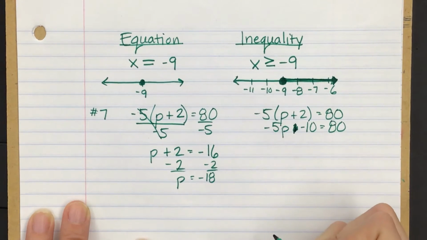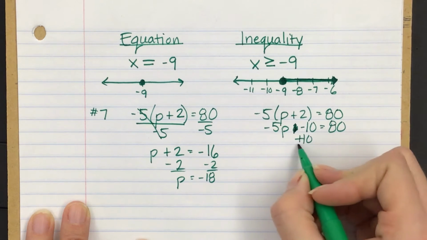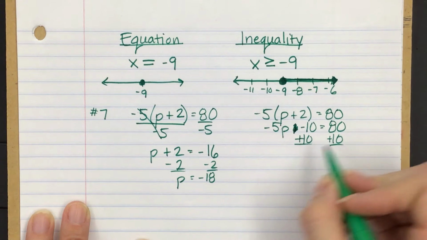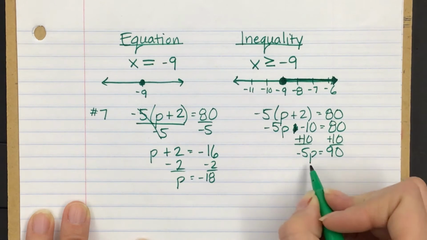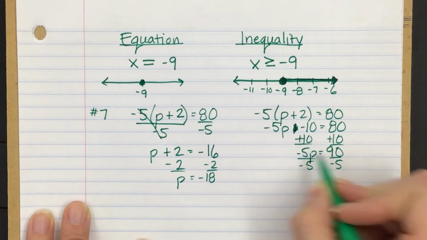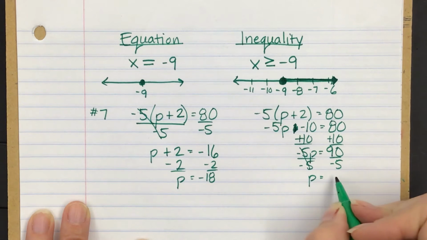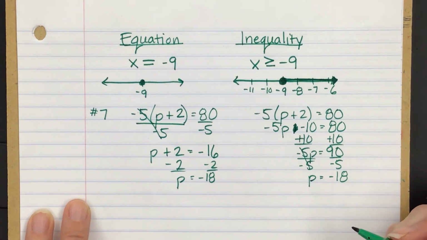And then solve it that way. Then I would add 10 to both sides. And I'd get -5p is equal to 90. Divide both sides by -5. And I get that p is equal to -18. Either way you slice it, you're going to get the right answer.